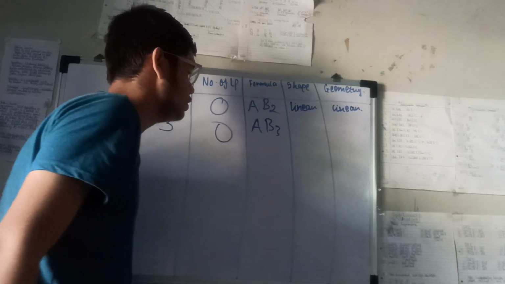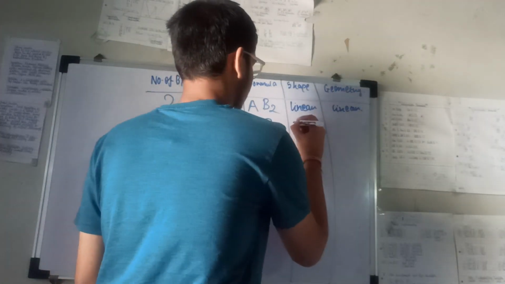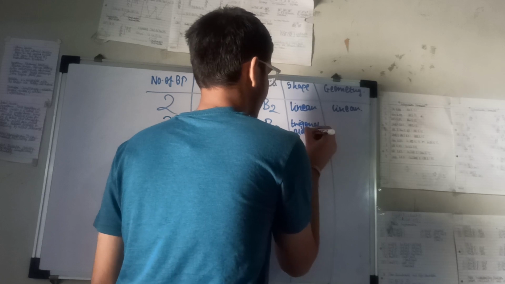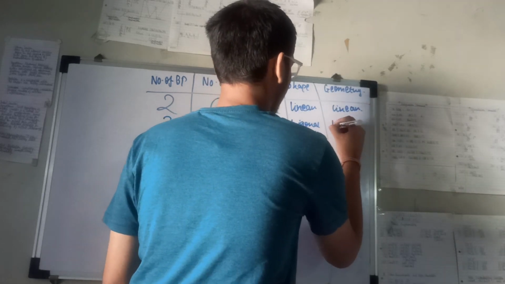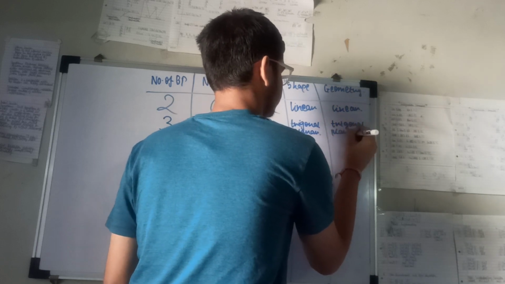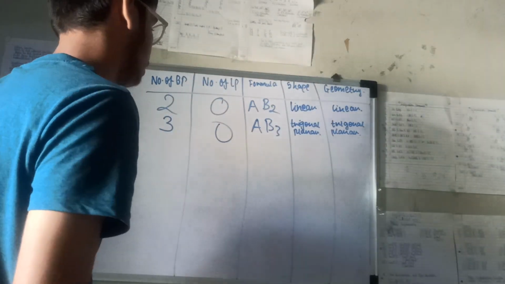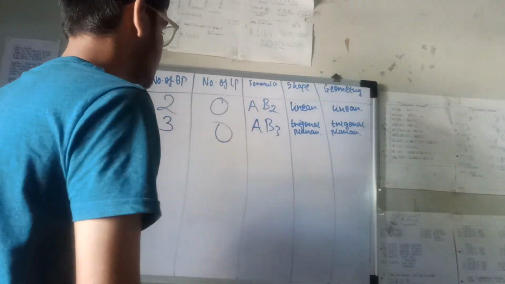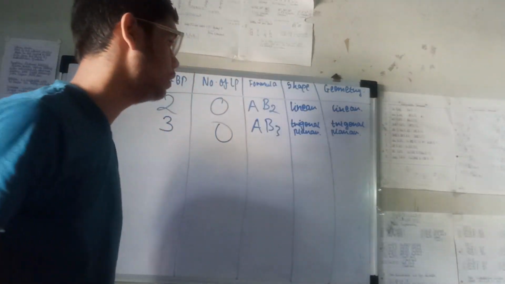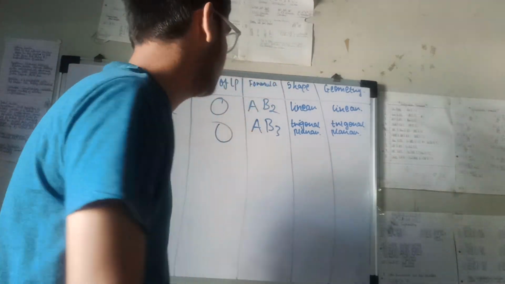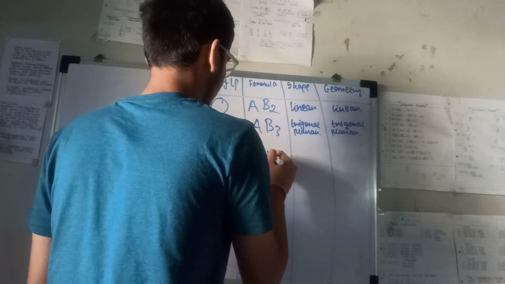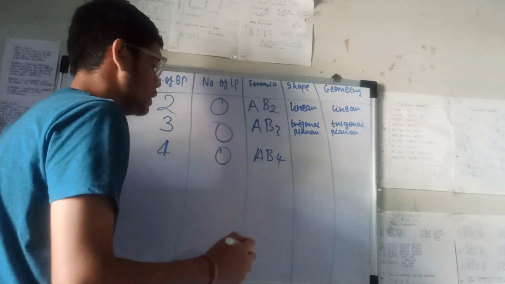AB3, shape trigonal planar, and geometry also trigonal planar. 3 was coming, so Z is equal to 3, sp2, trigonal planar shape and geometry also trigonal planar because lone pair is 0. 4, 0, AB4, what will come?